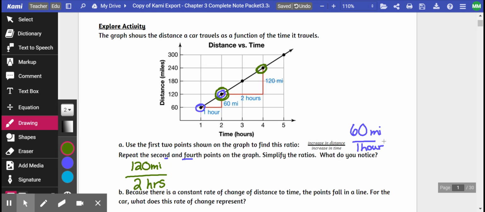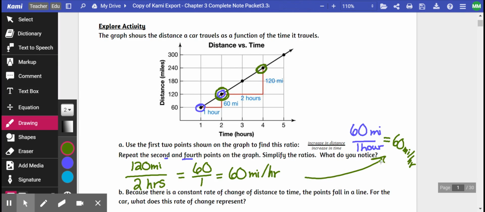So this one is the same as 60 over 1, or 60 miles per hour. When we look at this one, 120 over 2 is the same as 60 over 1, or 60 miles per hour. So we can see that both of the ratios are equal when they are simplified.